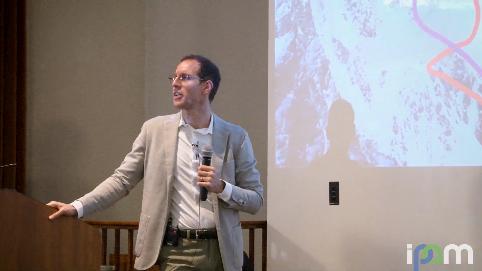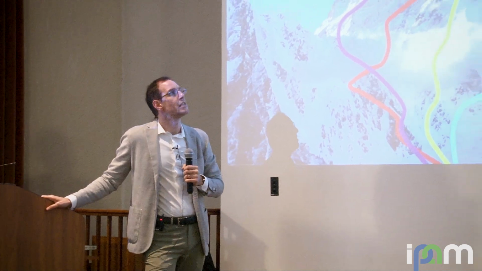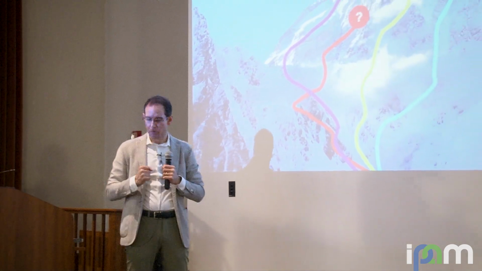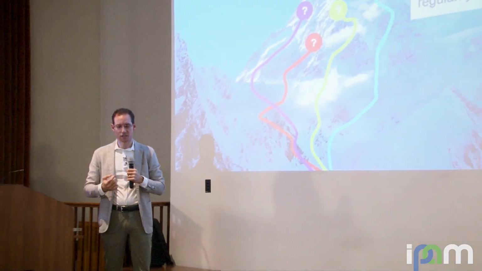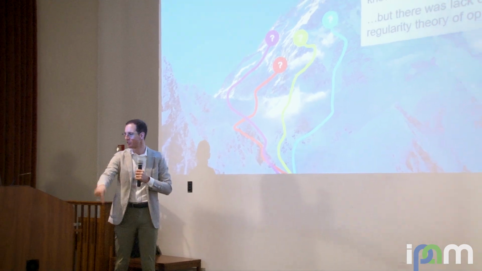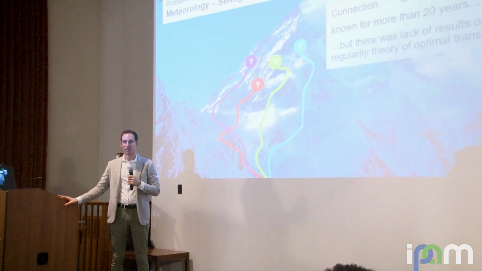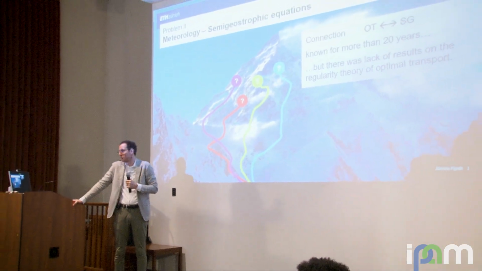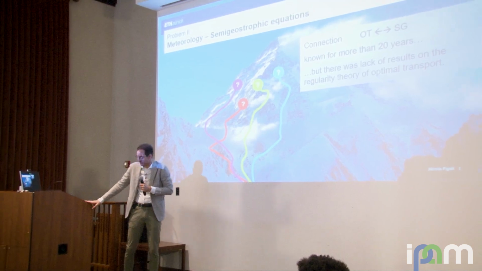I remember very well that he said, oh, there is this problem which looks very interesting. There is a semi-geostrophic problem, there is this connection. That's the theorem that one needs to prove. I was like, oh, that looks cool. I have no clue how to prove it, but it looks very interesting.